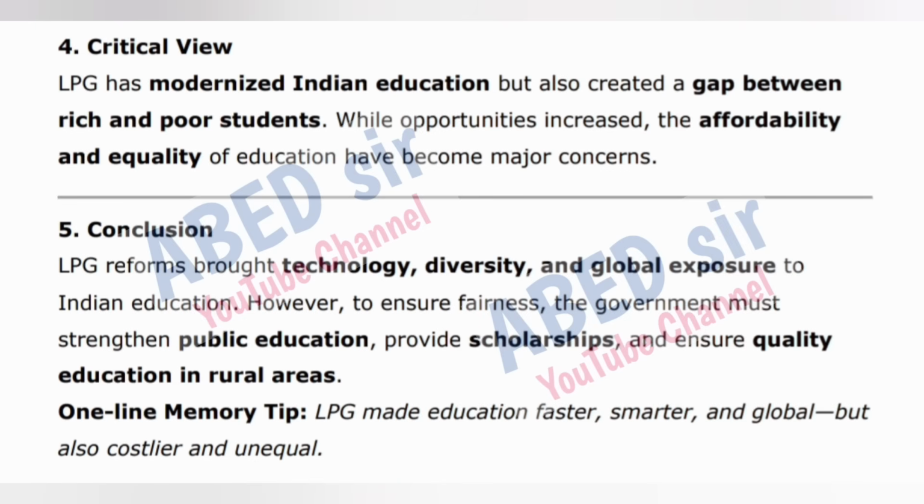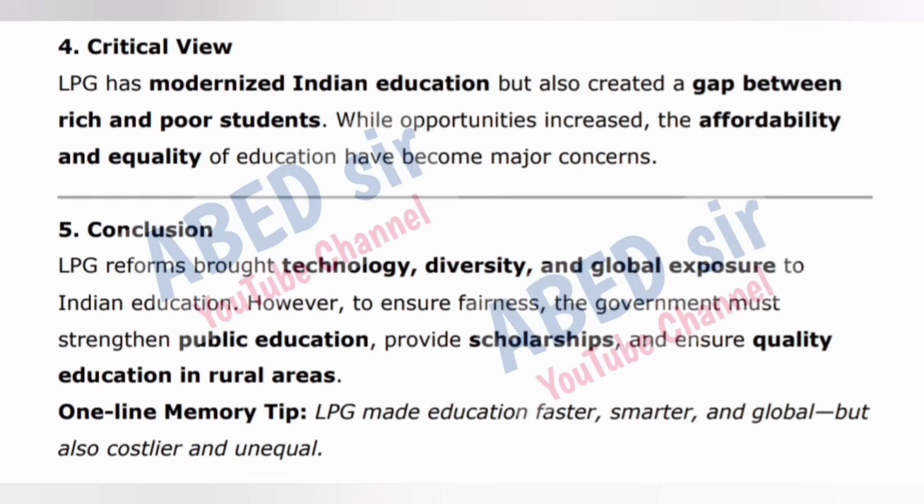4. Critical view. LPG has modernized Indian education, but also created a gap between rich and poor students. While opportunities increased, the affordability and equality of education have become major concerns. 5. Conclusion.